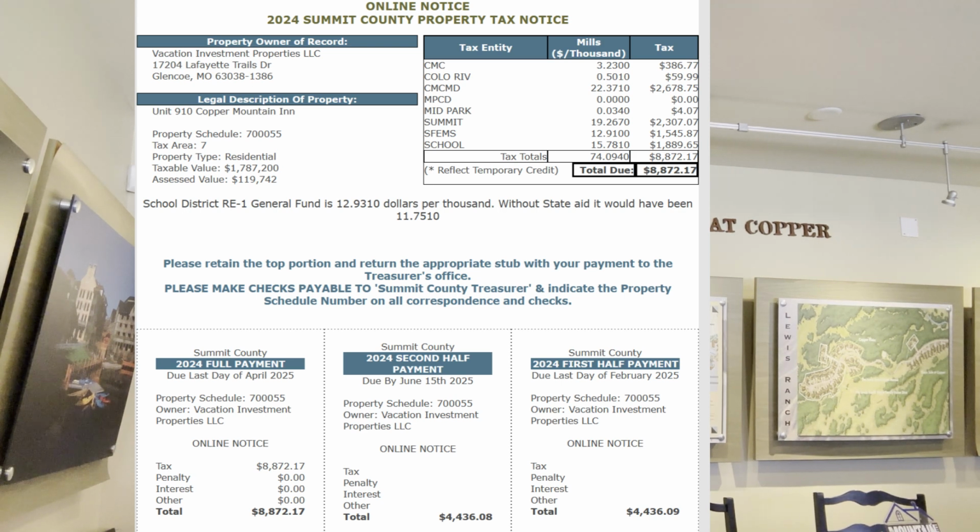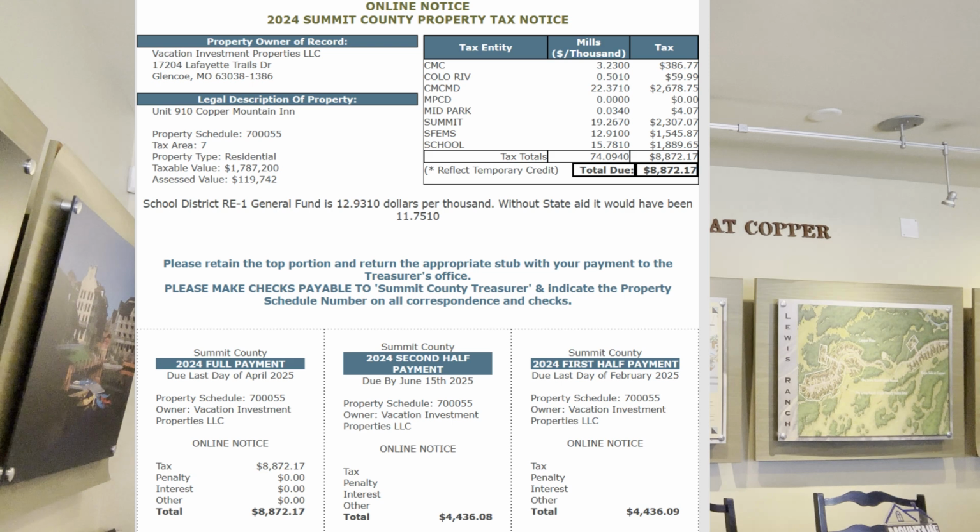When you add those mill levies together, you come out with a total mill of 74.0940. With this being a mill, you're going to move the decimal point 3 places to the left and multiply that by your assessed value to come up with your tax bill of $8,872.17.